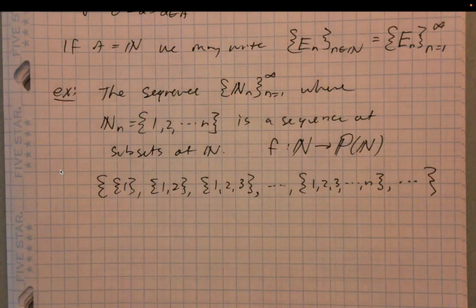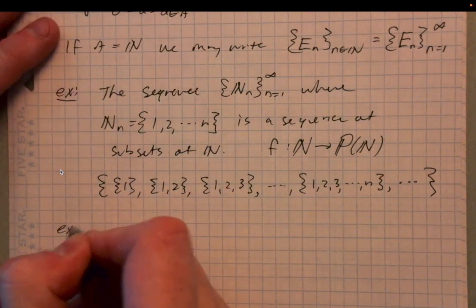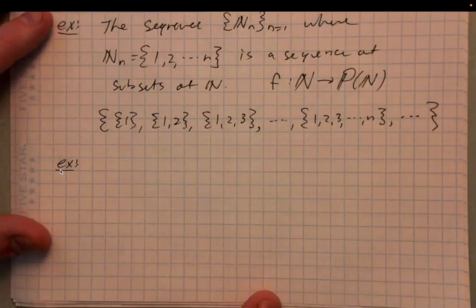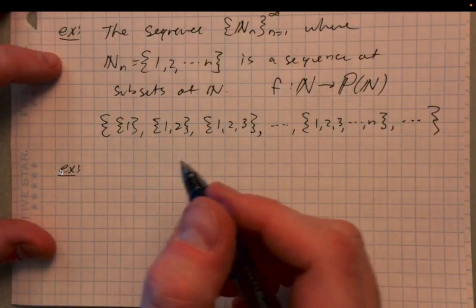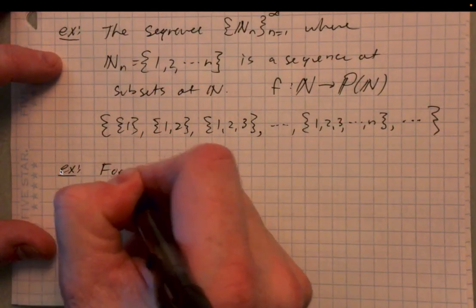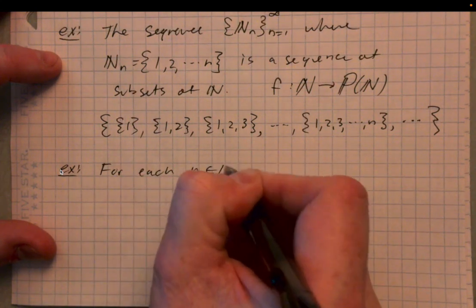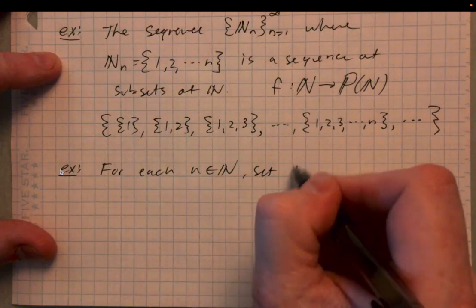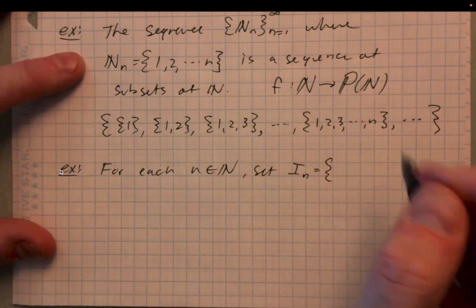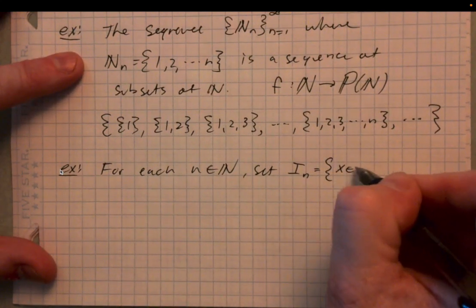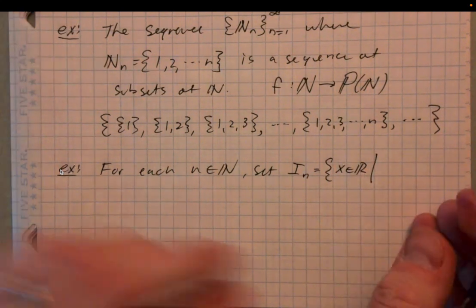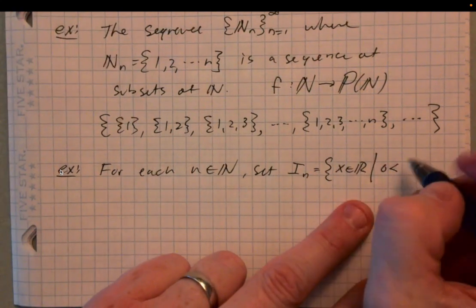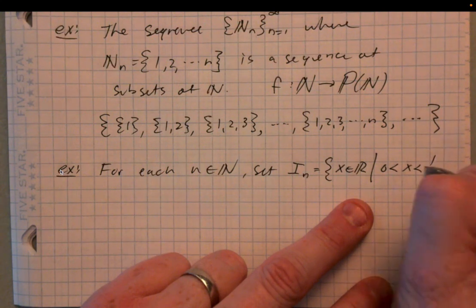Let's do another example here. Let's say for each natural number n, we're going to set I sub n equal to the set of real numbers x in R such that 0 is less than x and x is less than 1 over n.